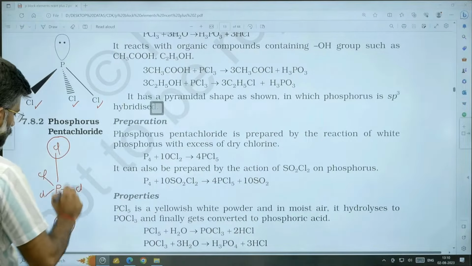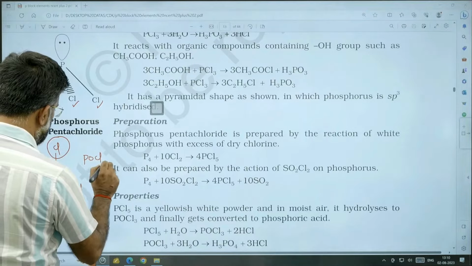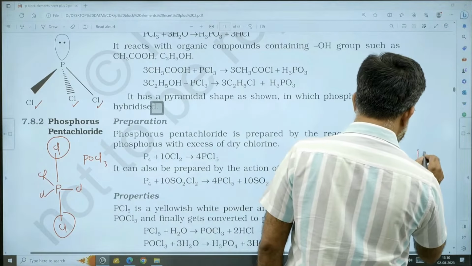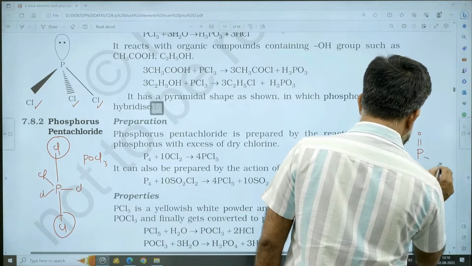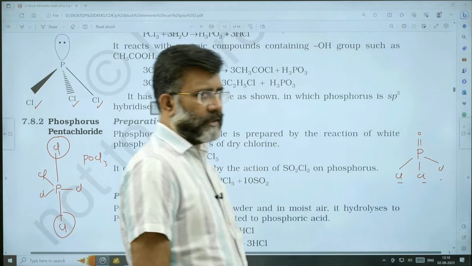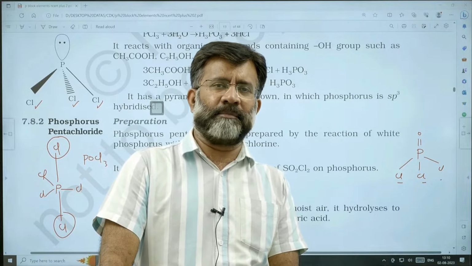These 2 chlorines are gone, and you will get POCl3 first. This is POCl3, phosphorus oxychloride. And now these 3 chlorine atoms are replaced subsequently by hydrolysis, finally getting H3PO4.